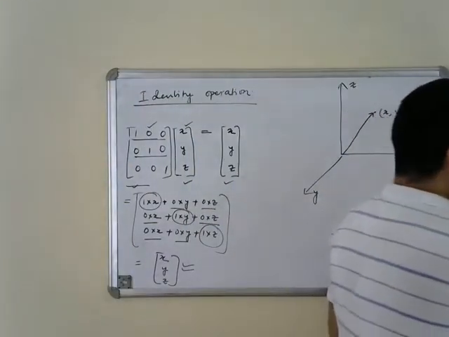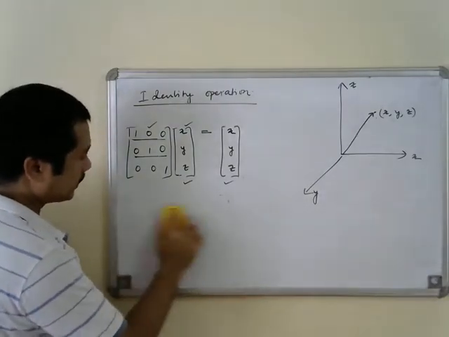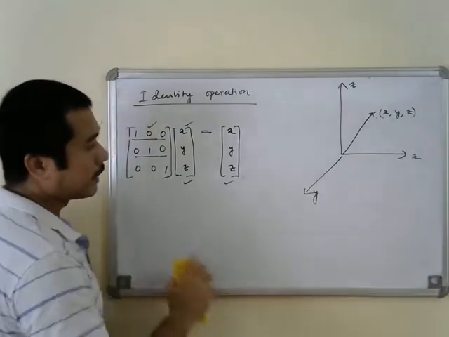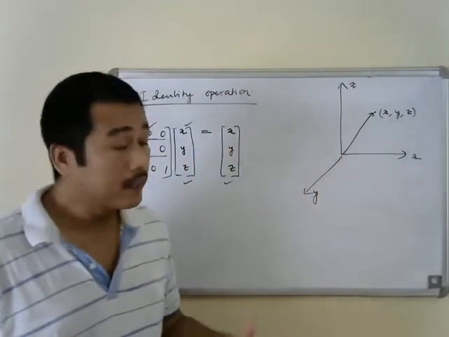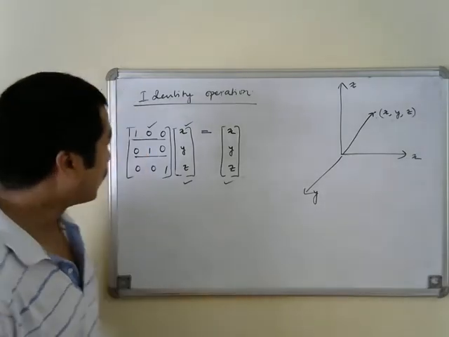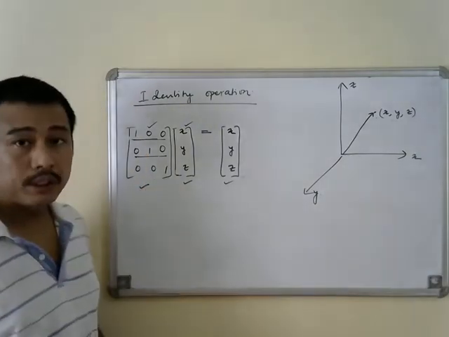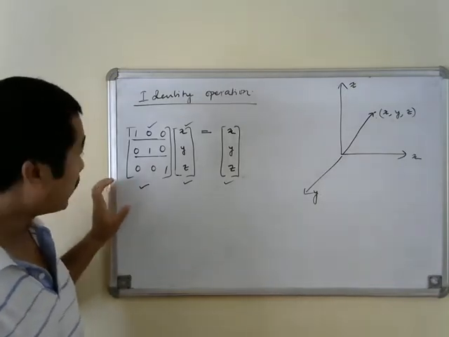So we can represent the identity operation by using this unit matrix. What we should notice over here is that when we take the 3-dimensional Cartesian coordinate as the basis, then the matrix representation for the identity operation is a 3-dimensional unit matrix.